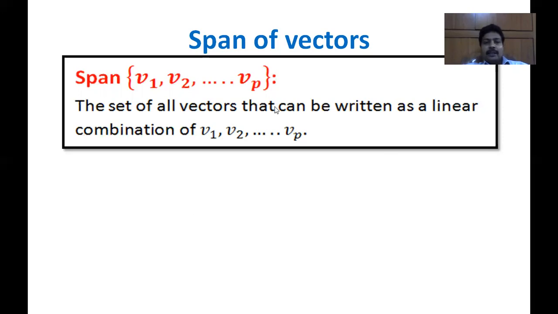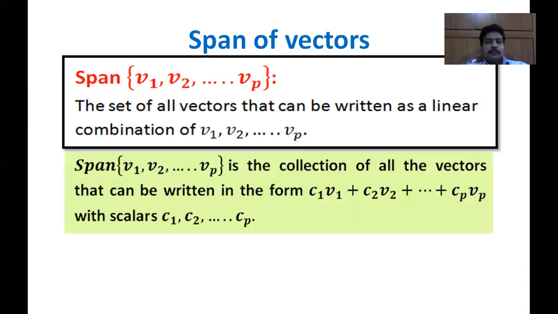So we indicate the set by this symbol, span of vectors. Span of v1, v2, and so on vp is the collection of all the vectors that can be written in the form c1 v1 plus c2 v2 and so on plus cp vp with scalars c1, c2 and so on cp.